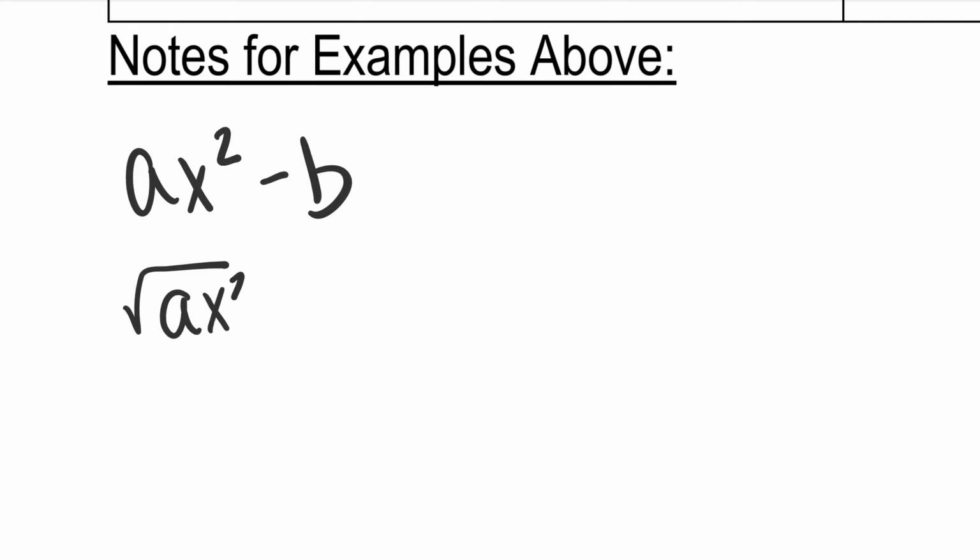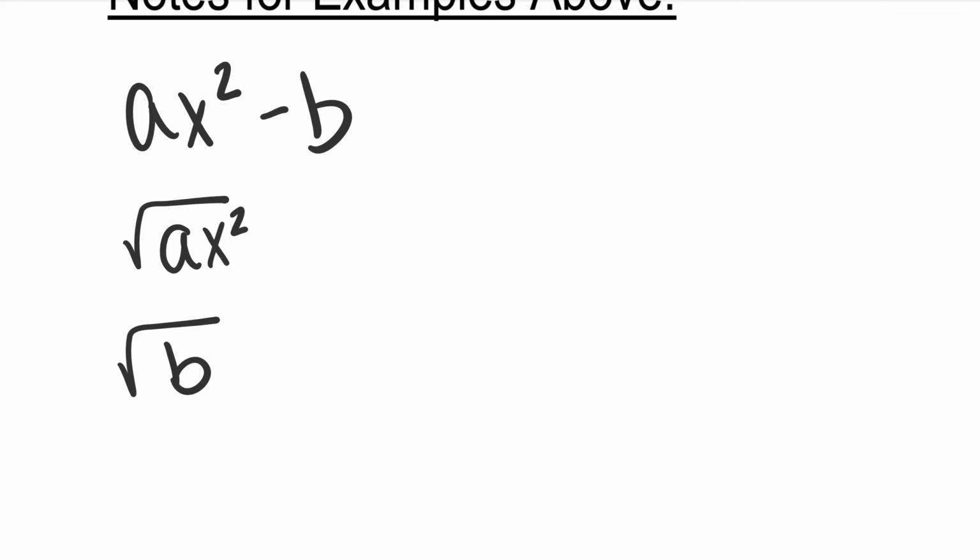So if you want to write something down here, if you haven't yet, so I have number x squared minus number, or maybe if that doesn't work, so I have a x squared minus b. If I can do square root of a x squared and square root of b, okay, let's say that gives me cx and that gives me d.